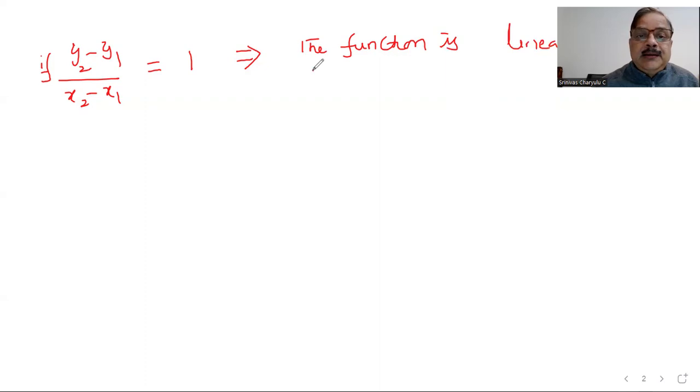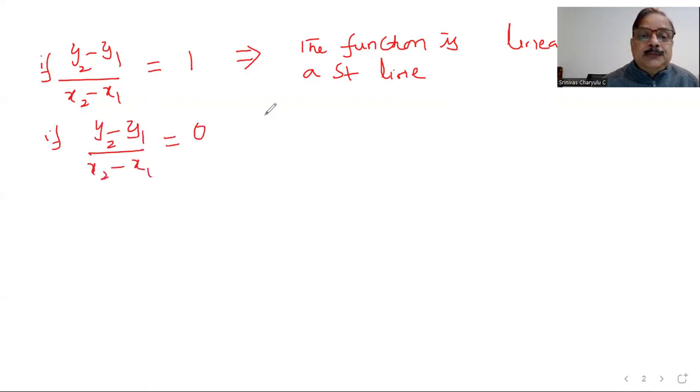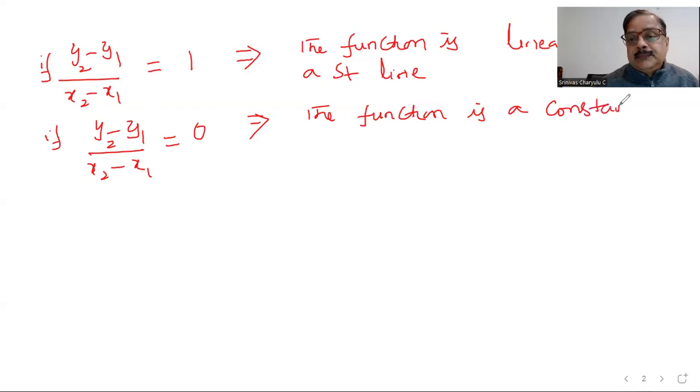It is a straight line. Means you can predict the behavior of the function. If, on the other hand, y2 minus y1 by x2 minus x1 is equal to 0, then what? The function is a constant function.